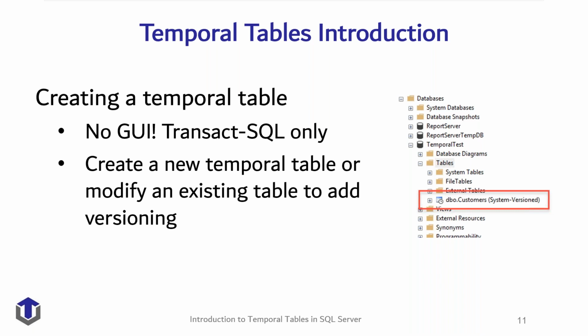Those all have to be done through T-SQL, unfortunately. For those of you who are a fan of doing T-SQL operations anyway, that's not necessarily bad news. I would rather have a T-SQL script rather than something that I have to go through the UI on, because I can more easily reproduce and make that a repeatable operation if it is a script. But just be aware that you can't manage a temporal table in the UI in the same way that you manage a conventional table in Management Studio.